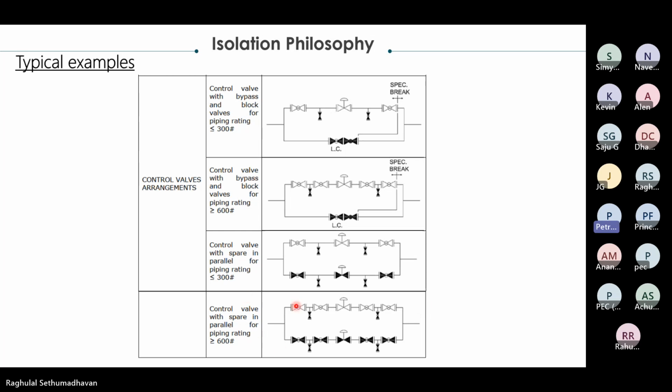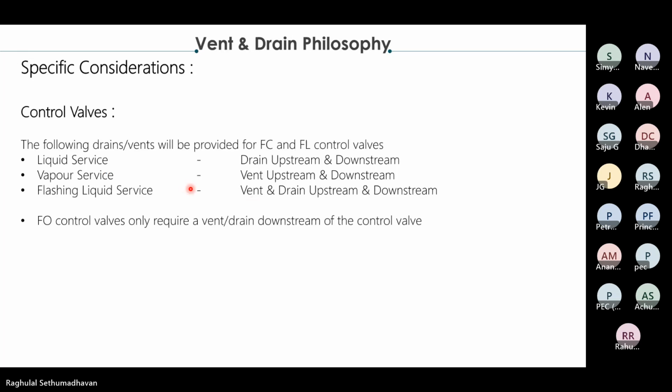In this arrangement, we can reduce the number of bleed holes in some cases. In case of liquid service, if the control valve is fail close or fail low, then the drain can be upstream or downstream. In vapor service, it should be upstream and downstream.